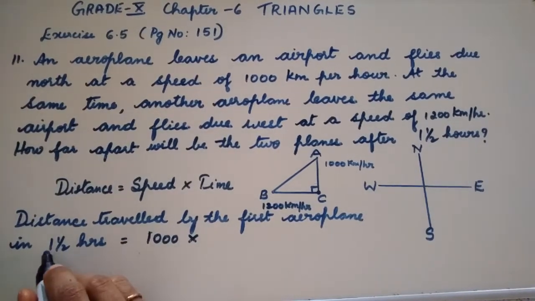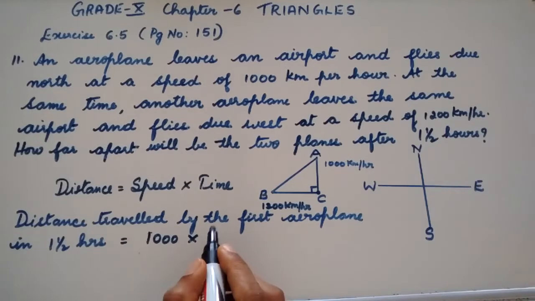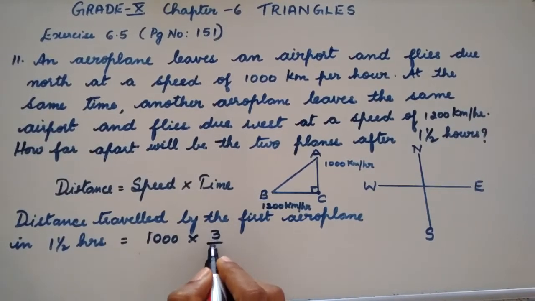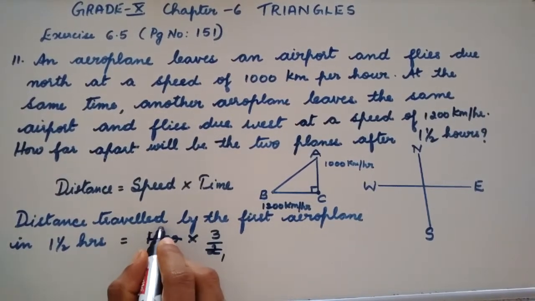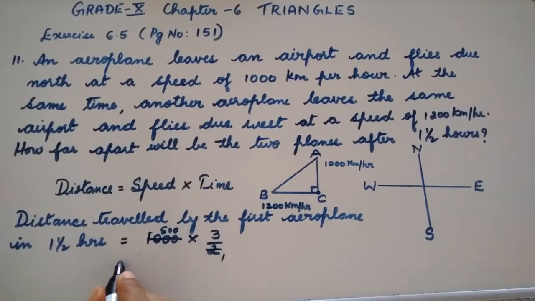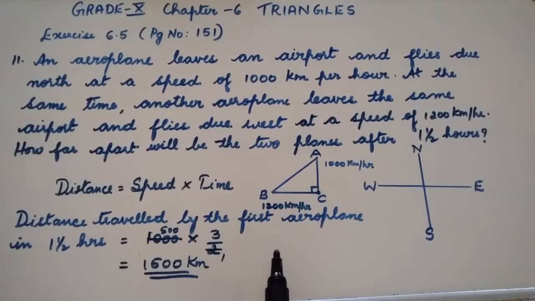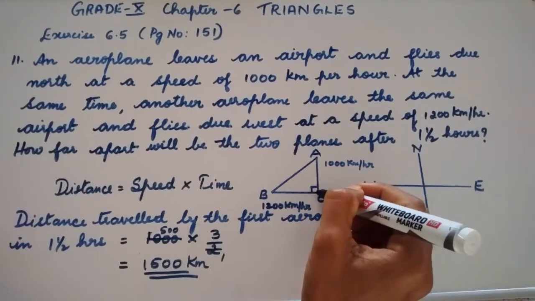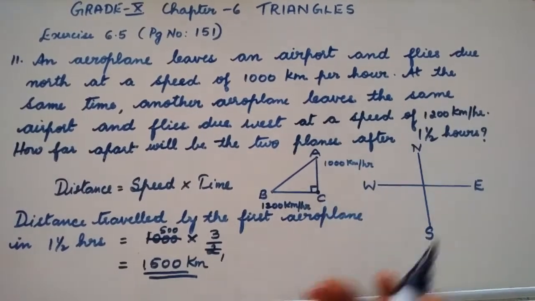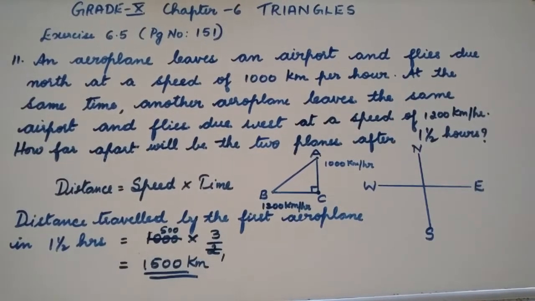So time is 1.5. 1.5 is nothing but 3/2. So 2 ones are, 2 5s are, so we'll get 500 here, which is equal to 1500. That is 1500 kilometer is the distance travelled by the first aeroplane. That is from this point to this point is 1500 kilometer. Is this clear, students? Okay, next.